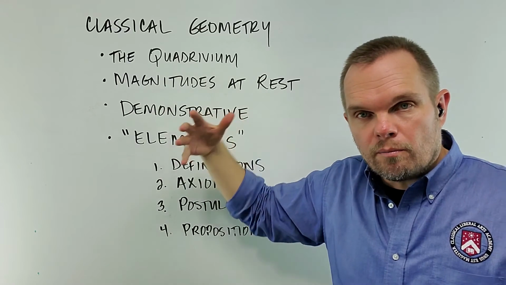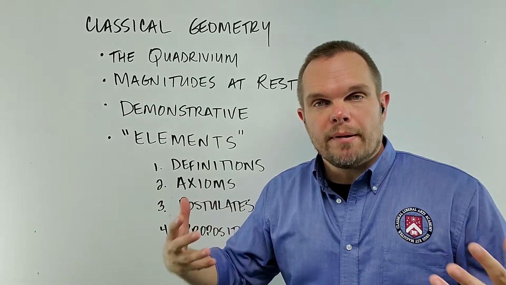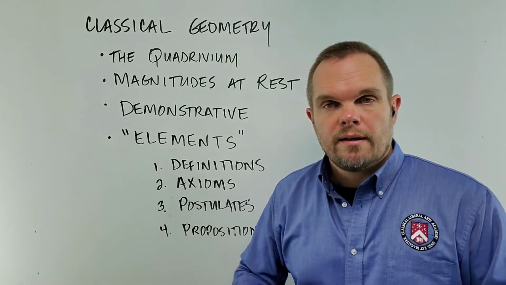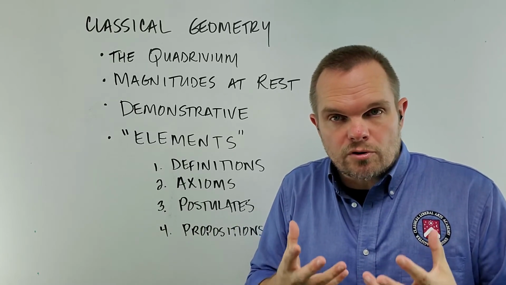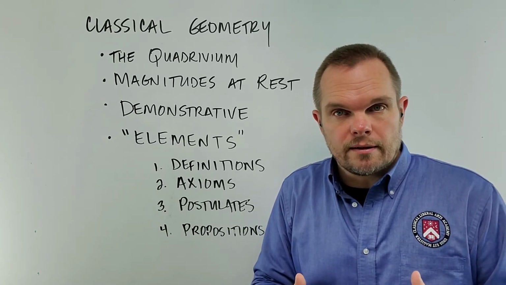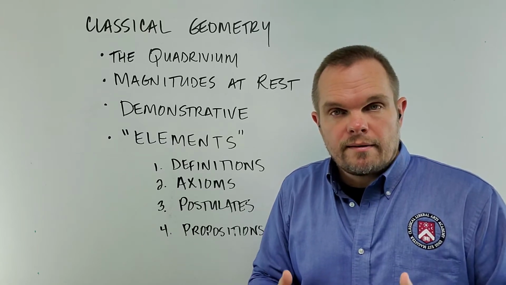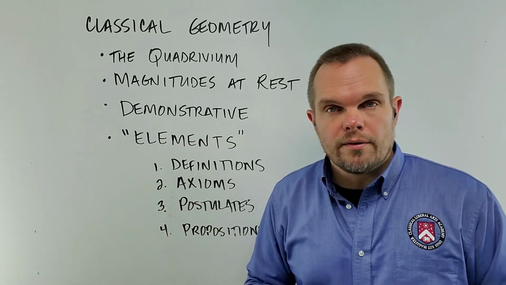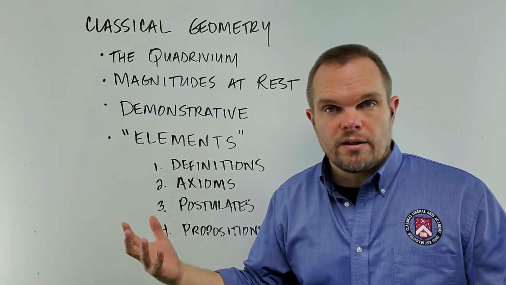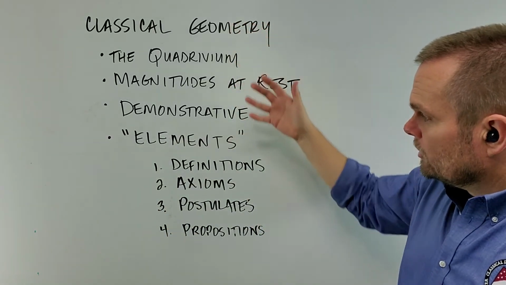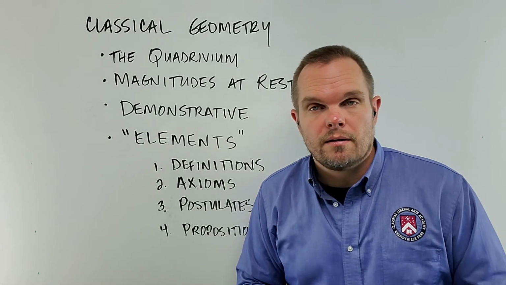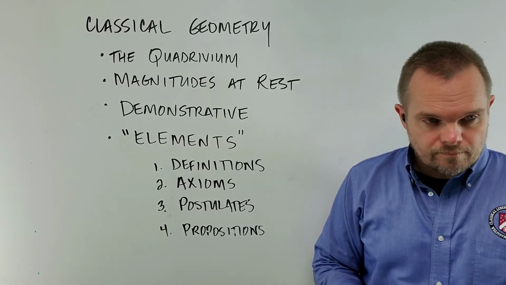But one of the broader, greater benefits of this study is that it develops in us this sense of absolute truth in our reasoning and thinking that will help us in all other studies and in life in general. Okay? So that's an introduction to the study of classical geometry.